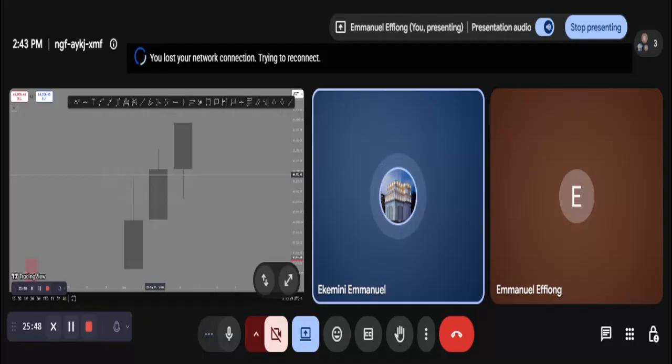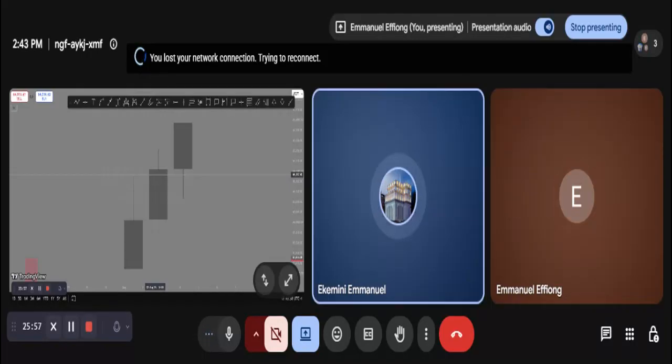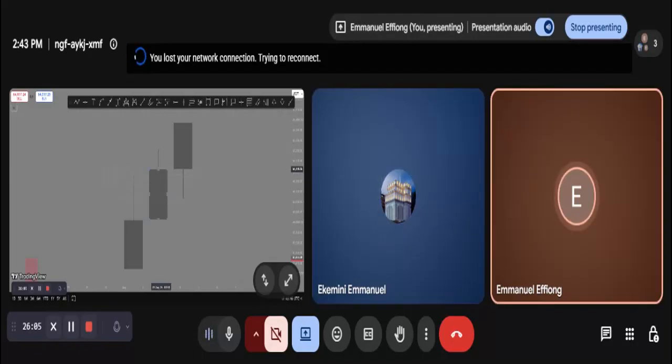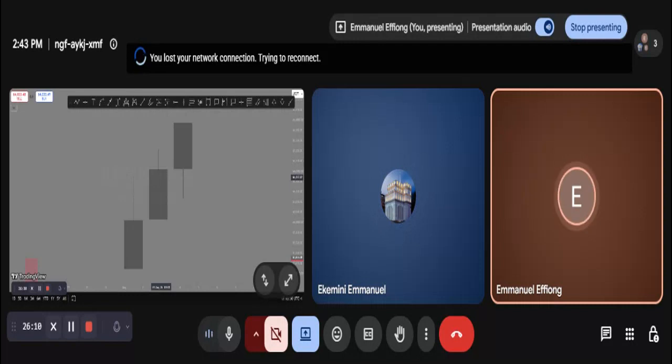How do I know that the initial rejection is going to hold? Because if it comes down, it becomes a double break. That's why we say it is the break of structure and key level that will validate that setup.